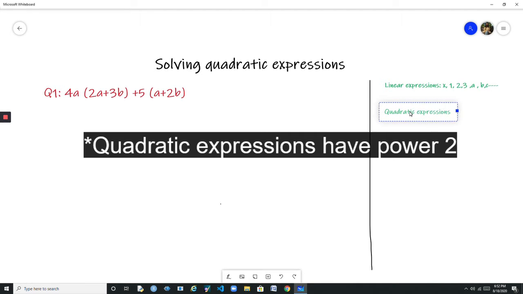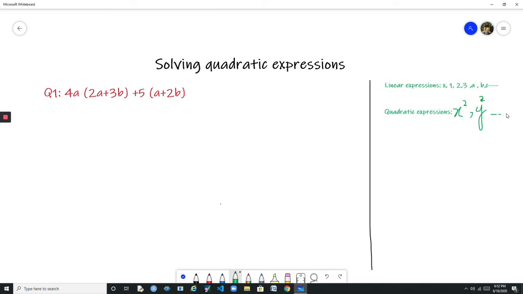Like they would have the power of x squared, y squared, and so on. So let's start solving our question.